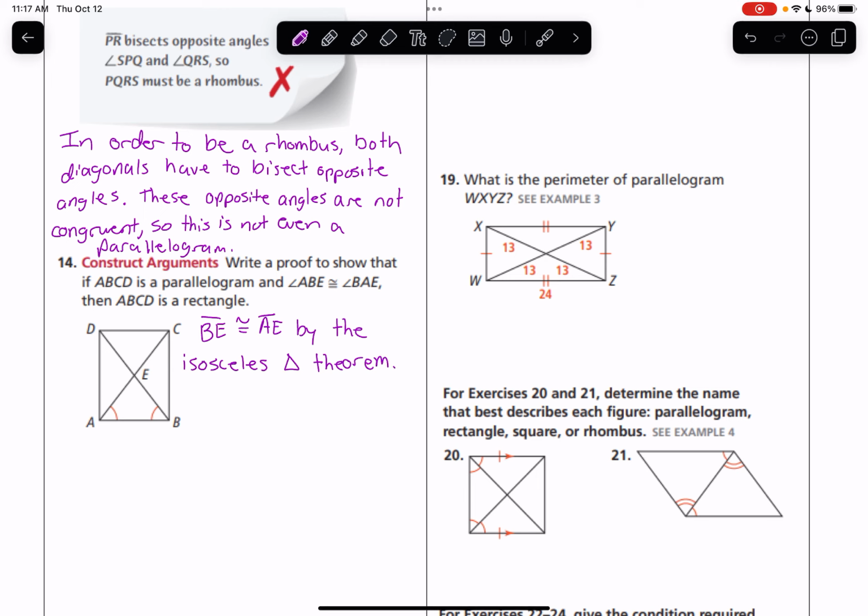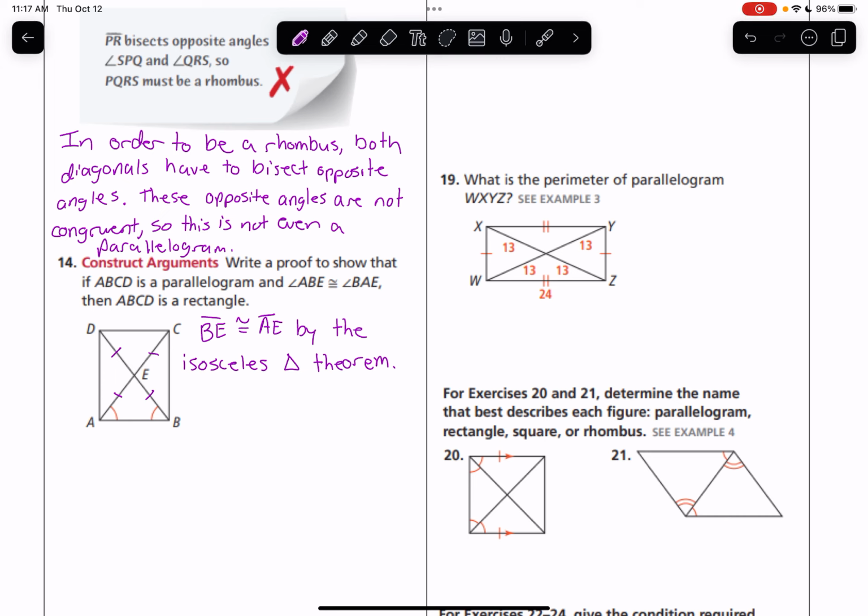And since this is a parallelogram, we know that the diagonals bisect one another. So if I know that AE is a certain length, then I know that CE is the same length. And I know if BE is a certain length, then DE is a certain length.